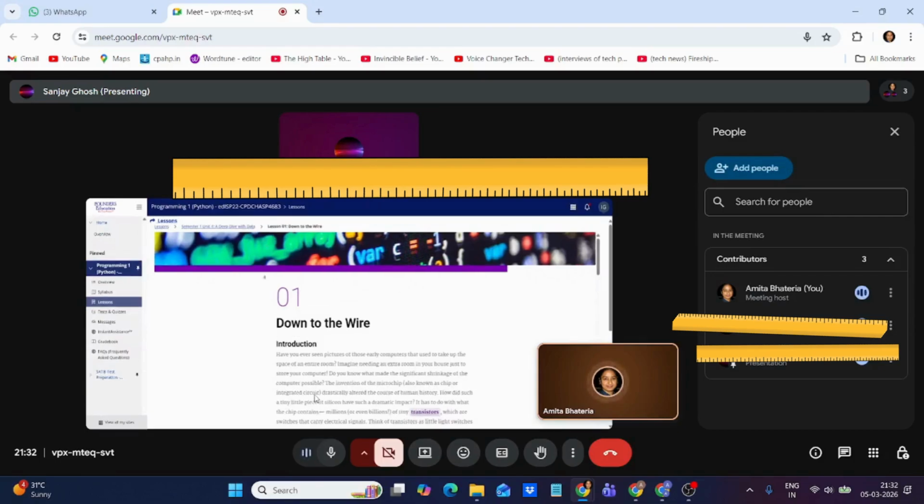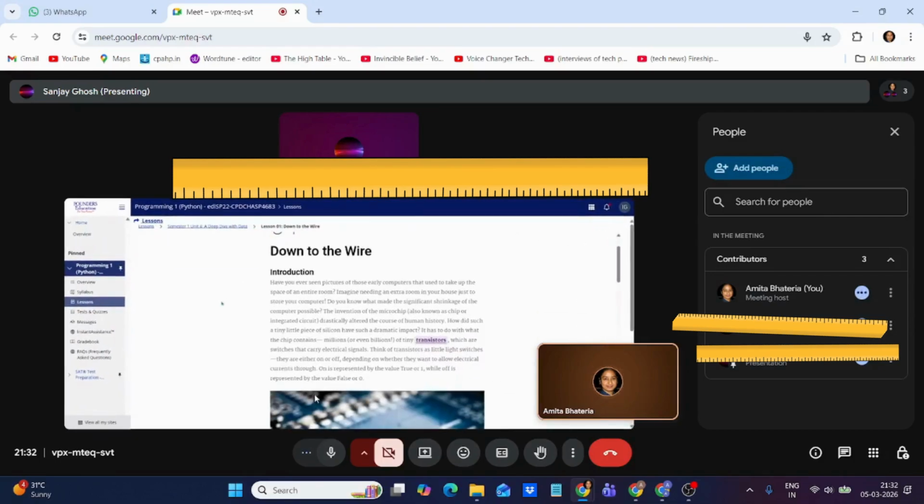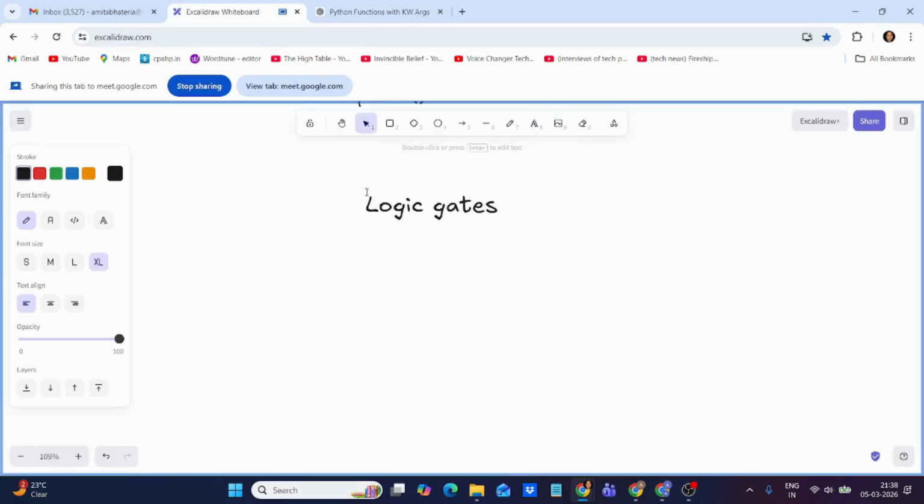Okay, so we did transistors last time, right? In the introduction we learned that a transistor acts like a switch, right? So we can say that a transistor is equivalent to a switch.